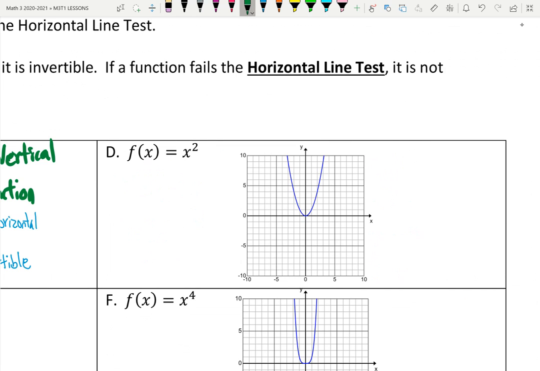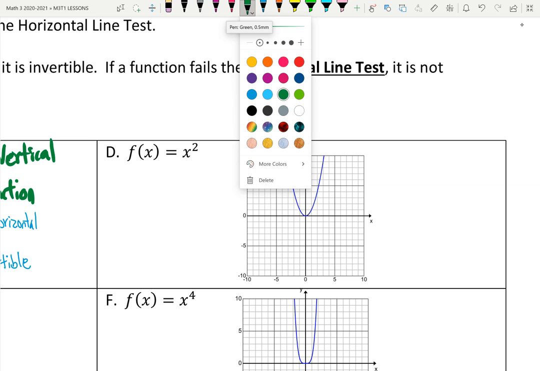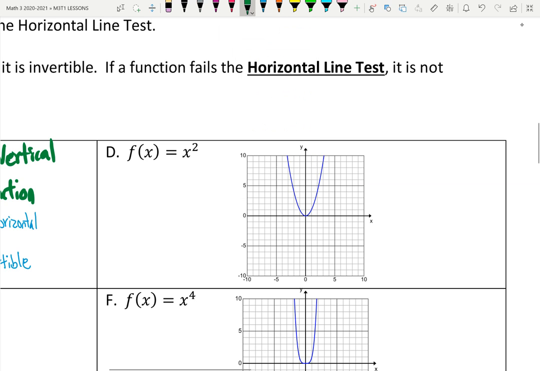It passes the vertical line test. It is a function.